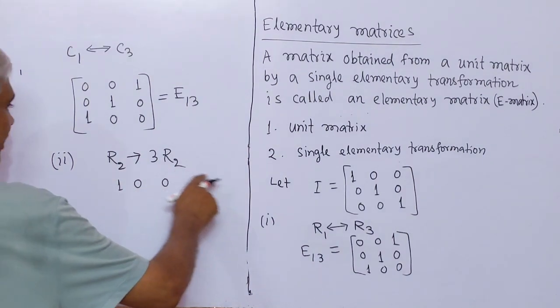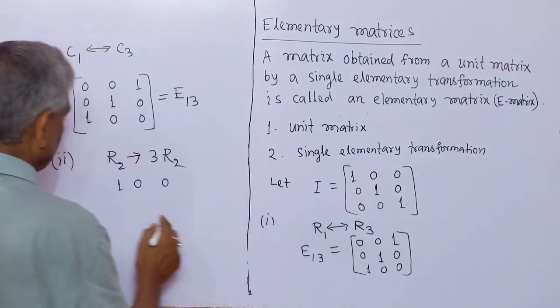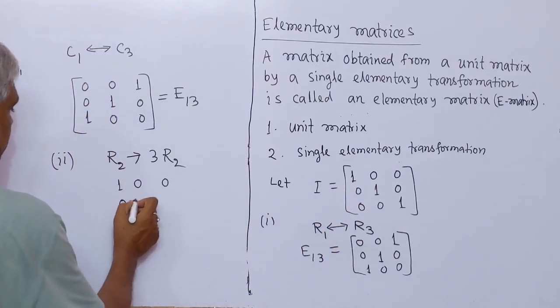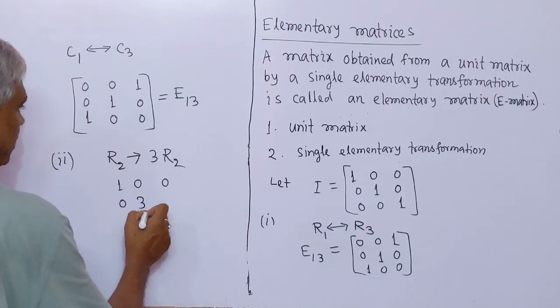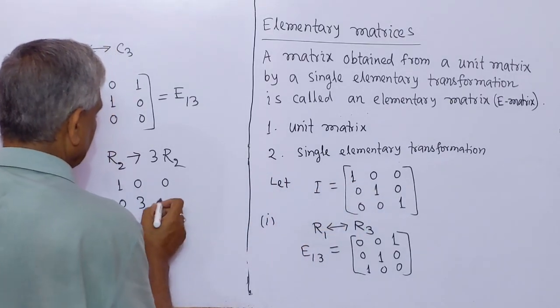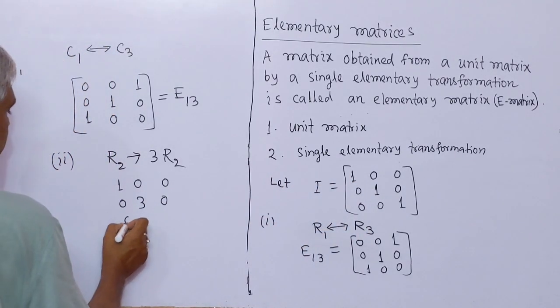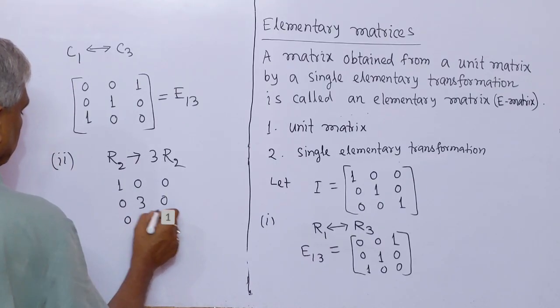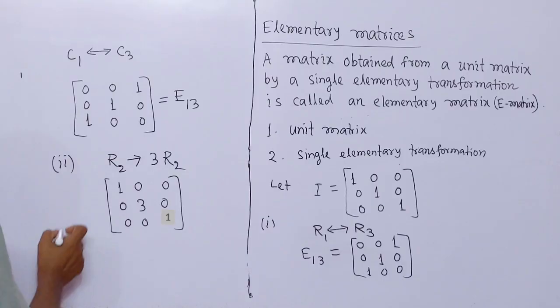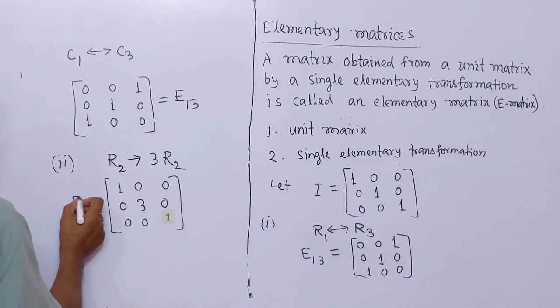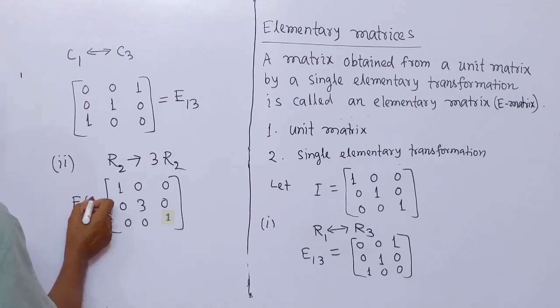We multiply the elements of the second row by 3. 0 multiplied by 3 is 0. 1 multiplied by 3 is 3. And 0 multiplied by 3 is 0. Here 0 0 1. We denote this by E, row 2 multiplication by 3.